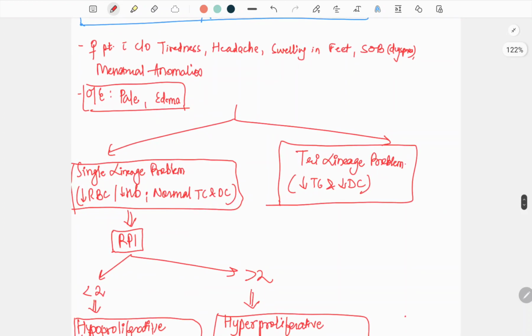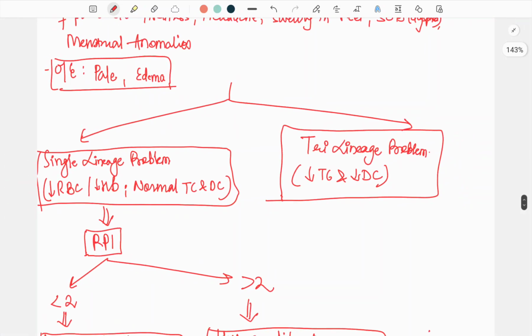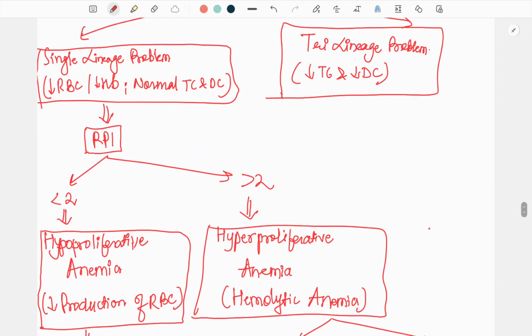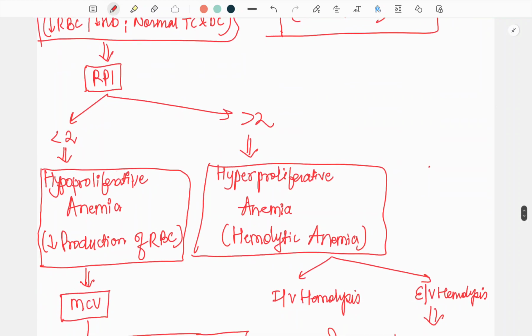So we have discussed whenever you have clinical suspicion of anemia, and that is a very common case in clinical scenario, we'll go for the peripheral blood smear and the cell count. Suppose you are dealing with a single lineage problem, which will be evident by decrease in RBC count and hemoglobin content with normal total count and differential count. Then first thing we'll look for is reticulocyte production index.